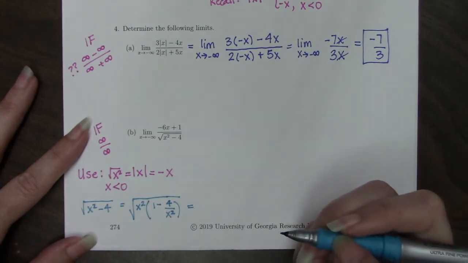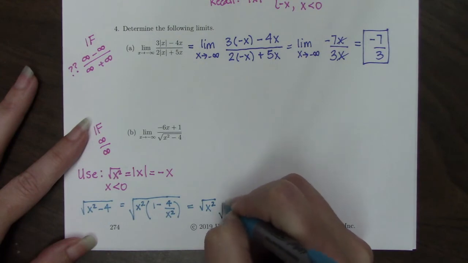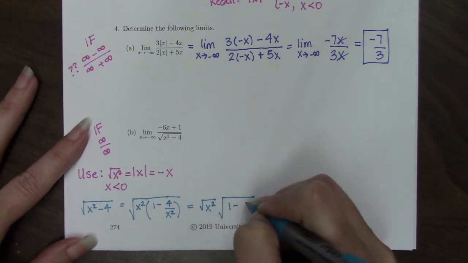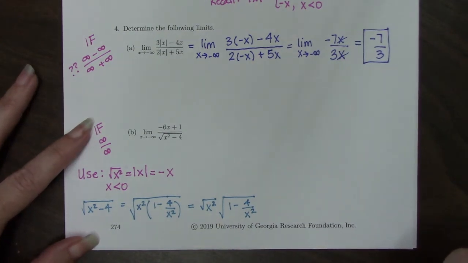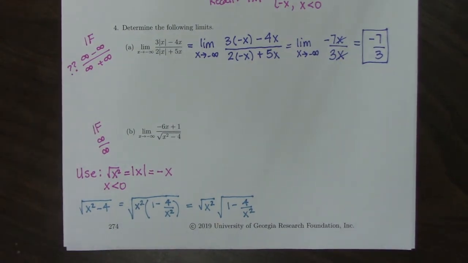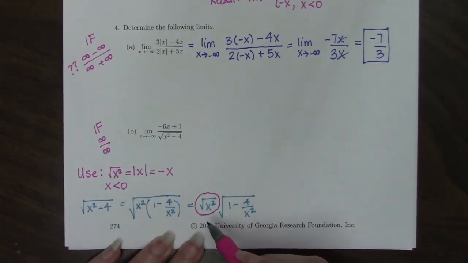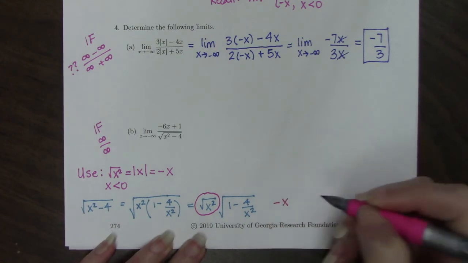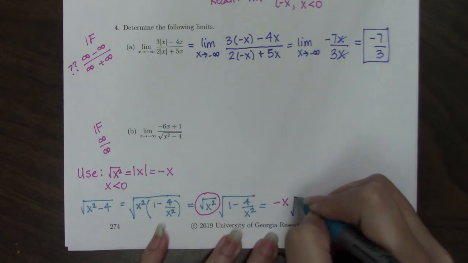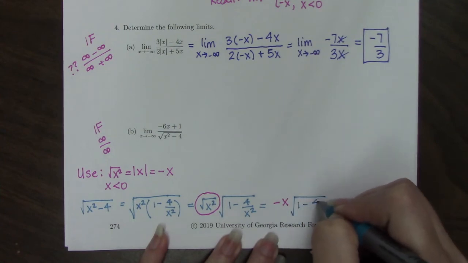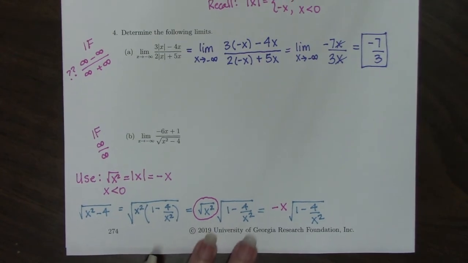And then by properties of radicals, I'm allowed to say, well, that's the same thing as the square root of x squared times the square root of 1 minus 4 over x squared. Now that this is all by itself, I can substitute negative x like I did in the absolute value of x problem above. So now this denominator is actually going to behave like this as we go to negative infinity.